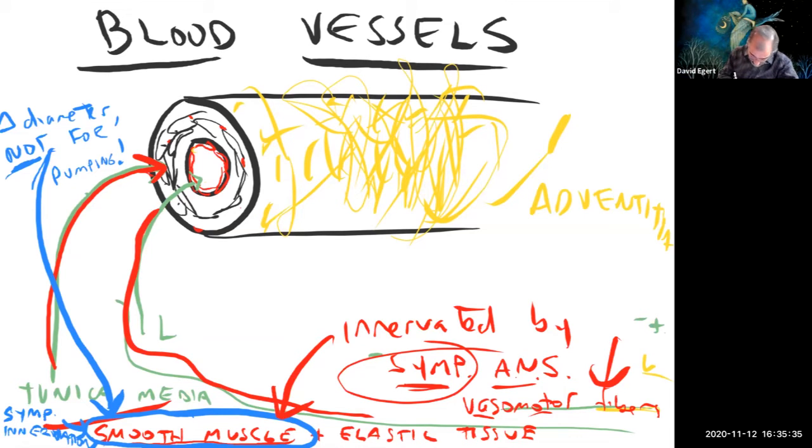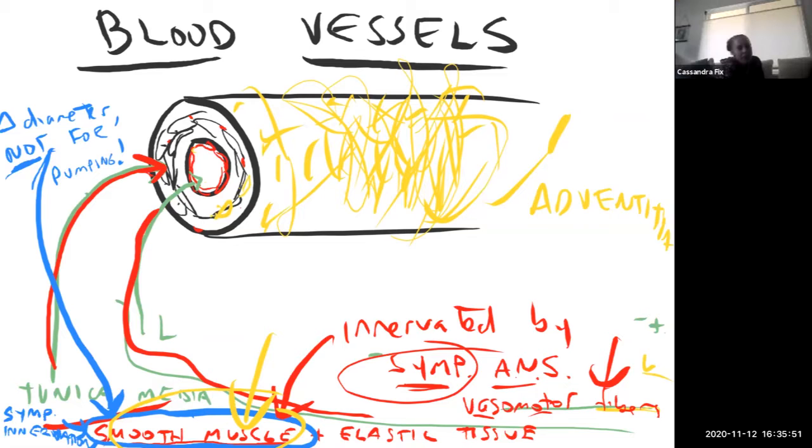How do these cells, these little smooth muscle cells and endothelial cells, they're cells that need their own oxygen and nutrients. How are these cells getting their oxygen and nutrients that make up the blood vessel?